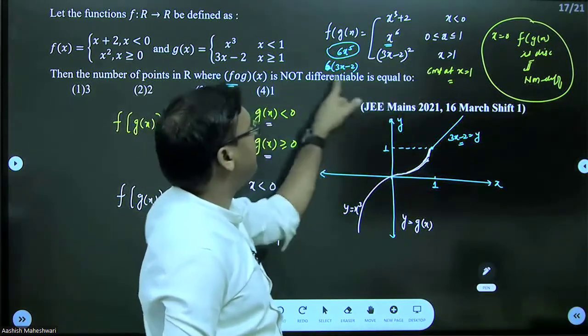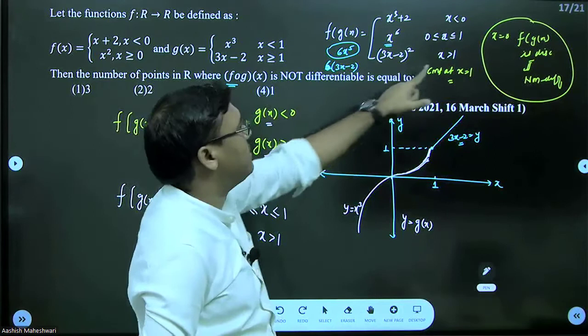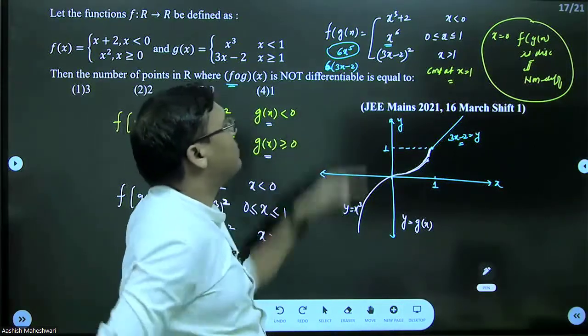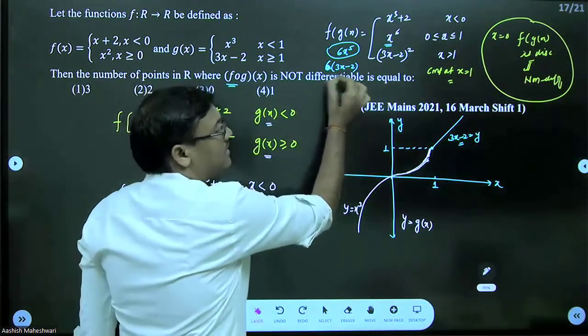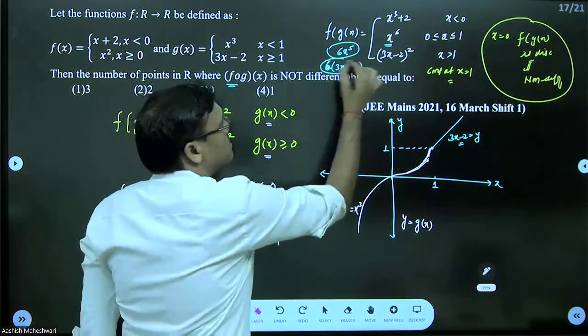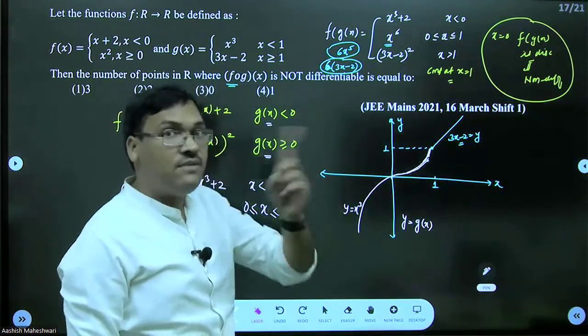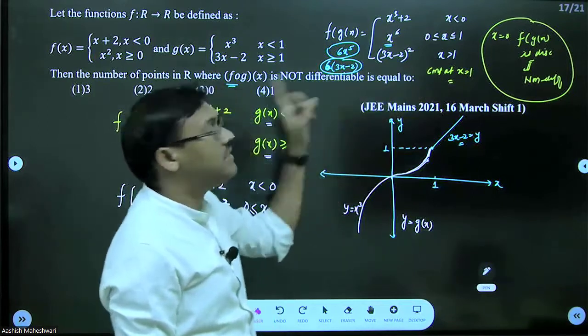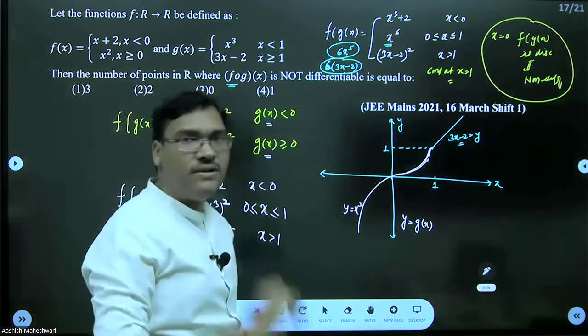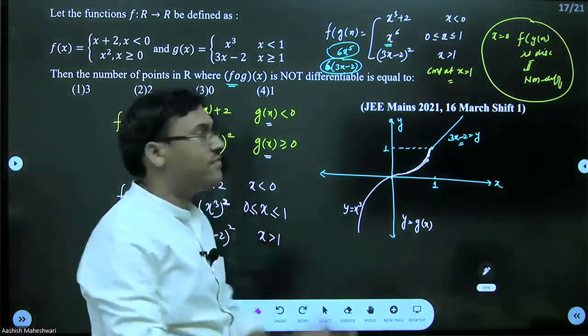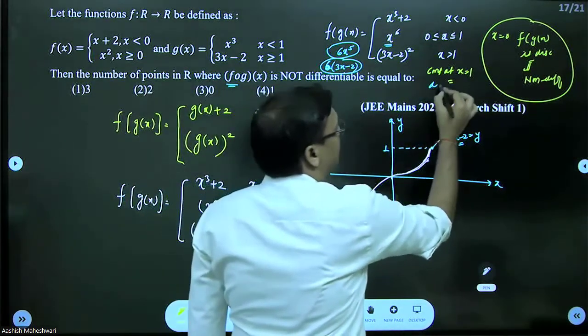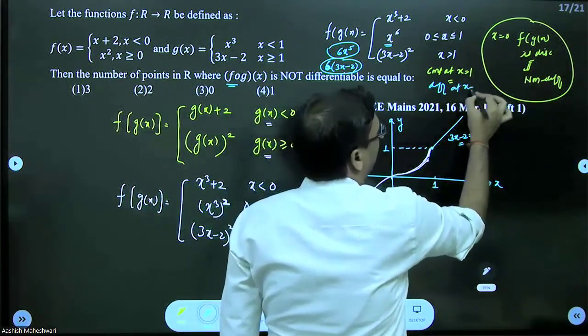And the limit of the derivative at 1 plus? Look carefully. If I put x equal to 1 plus here, this will again be equal to 6, because 3 minus 2 is 1. This is also 6. That means the left hand derivative and right hand derivative at x equal to 1 are 6. Both are equal. That means this function is continuous and differentiable at x equal to 1.